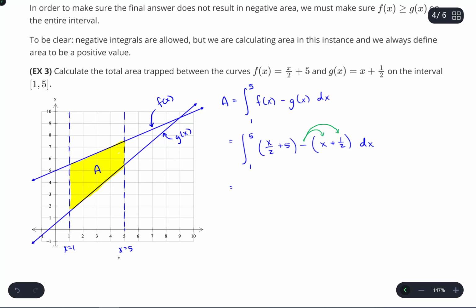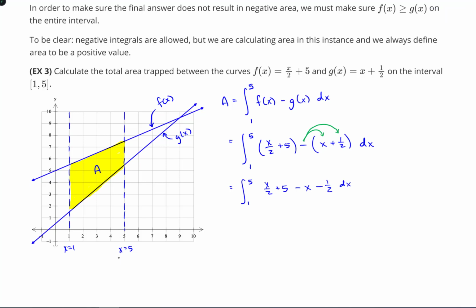It's probably a good idea to take a minute to do a few simplifications before you start using the calculator. So for instance, if I subtract x in there, or distribute the negative, that is, then I have some like terms that I could combine. A little bit of work with fractions, however, or I could just plug it into the calculator at this point.